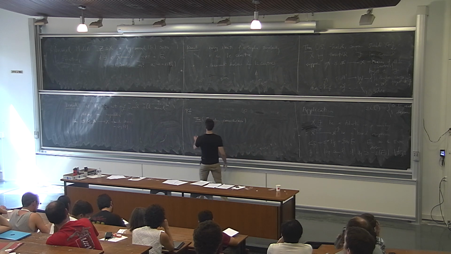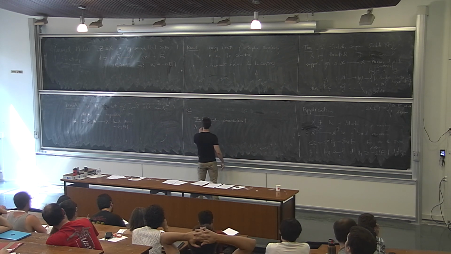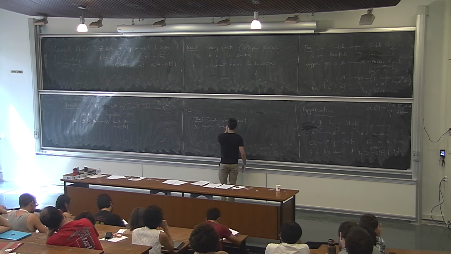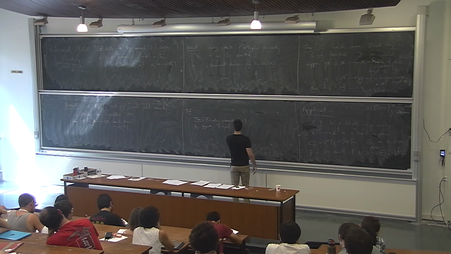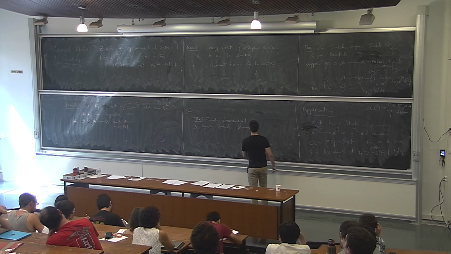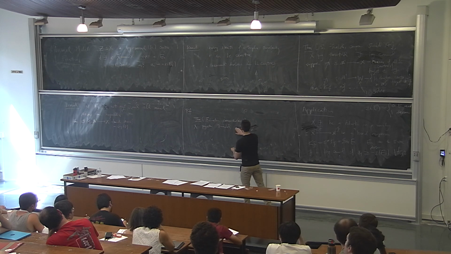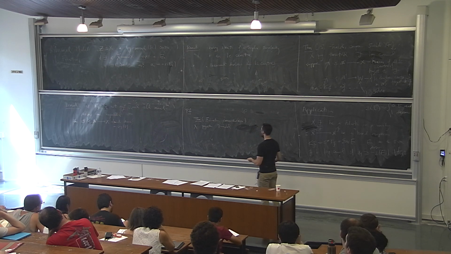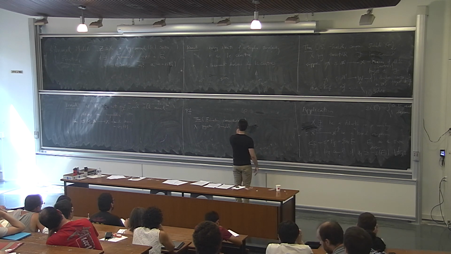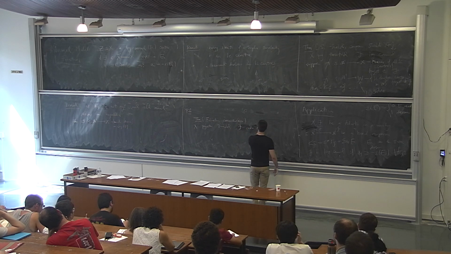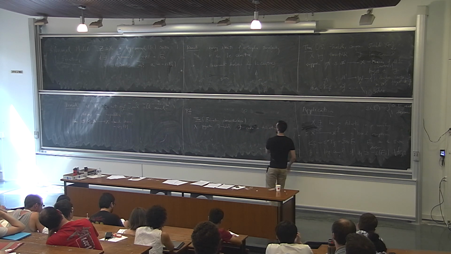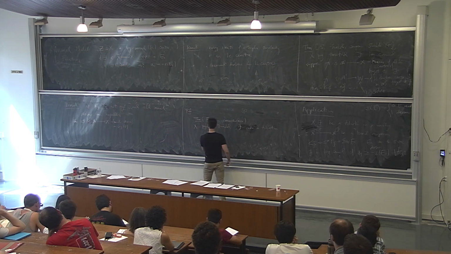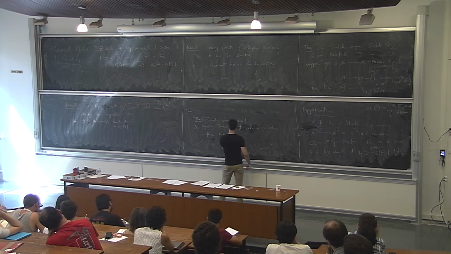So let X be a projective threefold. Maybe I'll state it in the absolute case, but then explain how to do this in the relative case. So X is a projective threefold, F is a codimension 1 foliation, and let's say that minus KF is big and nef.